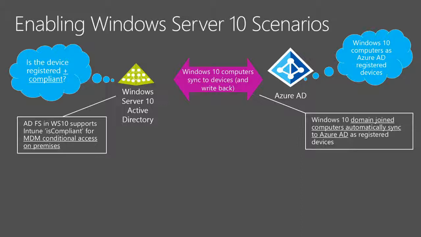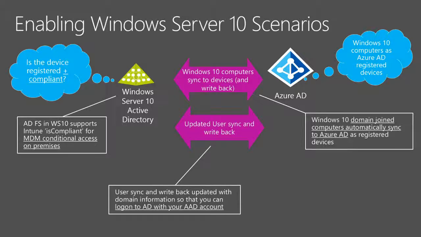And then the third thing is kind of a different thing, but just to let you know about new capabilities and values we're building into the sync options that we already have. You'll learn in Hyro's session all about this new thing we have of signing on premises with a cloud Azure AD account. So I can now sign on using my cloud credentials, and it automatically signs me into Active Directory on-prem as well as AAD.